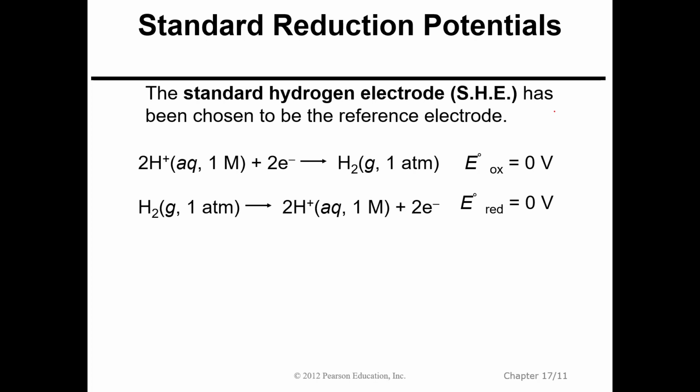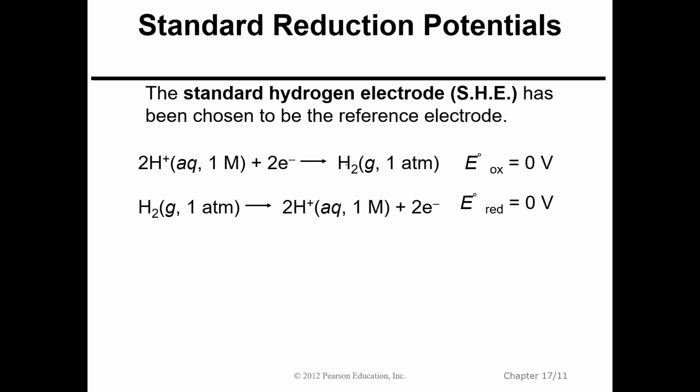So the way that we solve that is we choose something to be the reference electrode. What we use typically as the reference electrode is what's known as the standard hydrogen electrode. So the standard hydrogen electrode is our H2, which can be oxidized or reduced depending on what else it's being measured with.